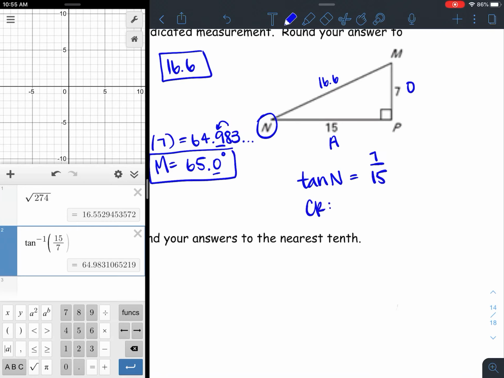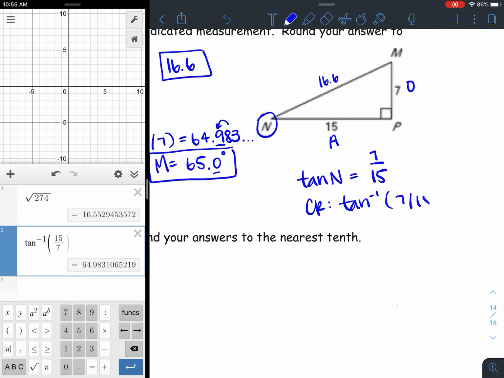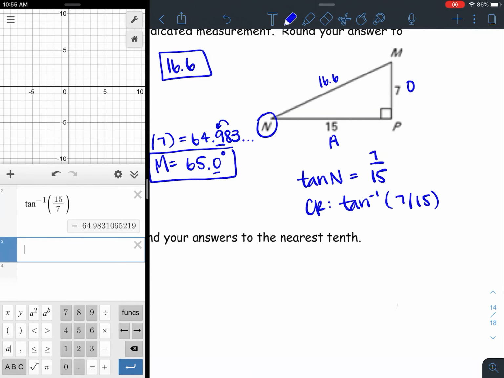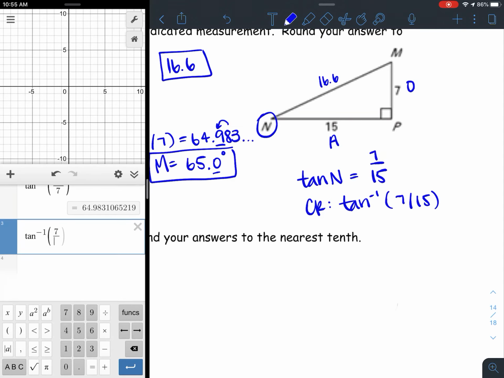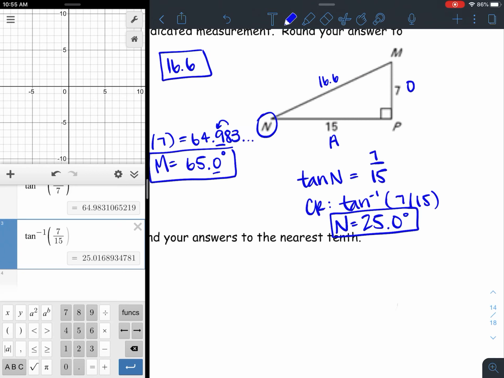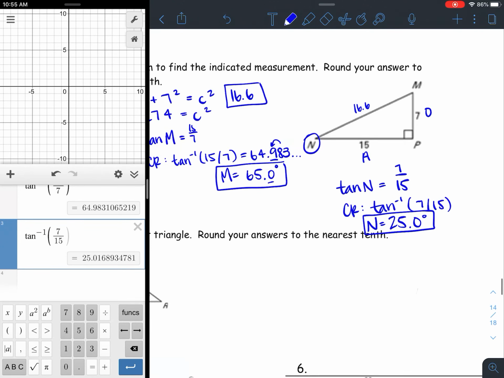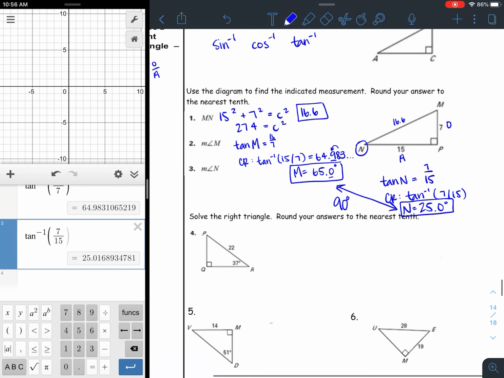And to put it calculator ready, it's going to be the tangent inverse of 7 over 15, which is 25.0 degrees. Now you will also notice, and this is just another checkpoint, that these two should add up to 90 degrees because our triangle is still going to add up to 180.